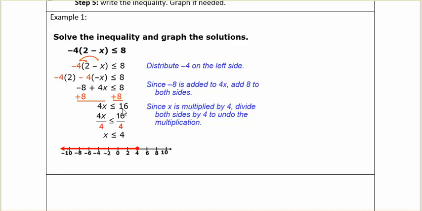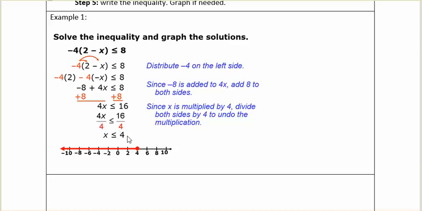And then we have step 4 is to undo what is being multiplied, and it's 4 times x, and the opposite would be to divide by 4, so you divide both sides by 4, and that leaves you with x is less than or equal to 4. Remember, if I did divide by a negative, I would have to switch the inequality sign around, but I didn't have to in this one.